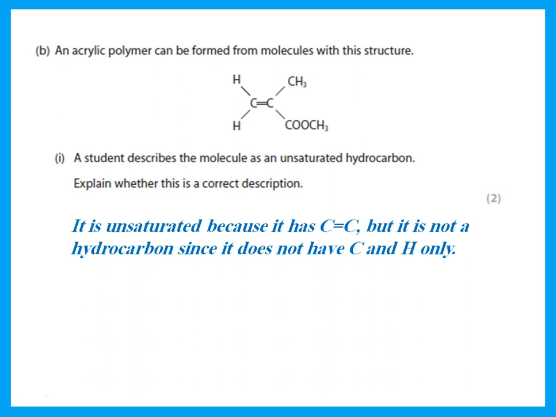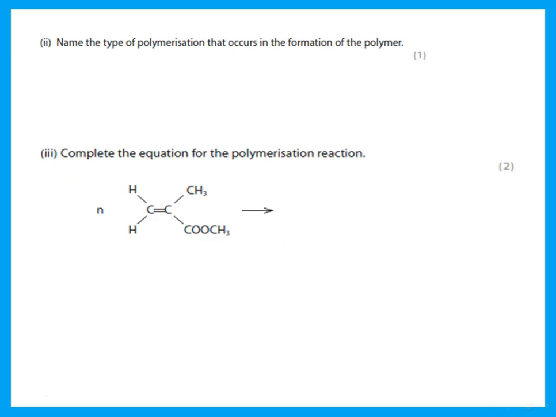It is unsaturated. But then, is it a hydrocarbon? Remember, hydrocarbon means it has carbon and hydrogen only. So this is not a hydrocarbon. You can say it's not a hydrocarbon because it has oxygen in addition to carbon and hydrogen, or because it doesn't have carbon and hydrogen only.